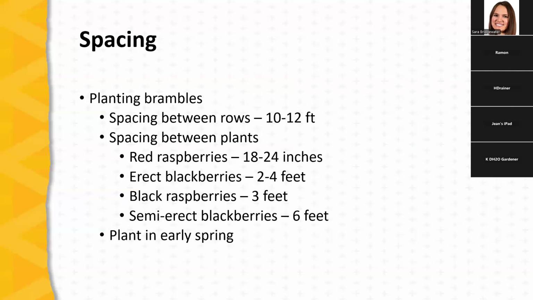And in certain types, like the semi-erect blackberries, they can be 6 feet apart in the row because they grow fast and vigorous, and you're going to trellis and guide those canes throughout the row to have a covered crop. You cover the whole row with those. We're going to see that later on pruning. But those are recommended planting distances.